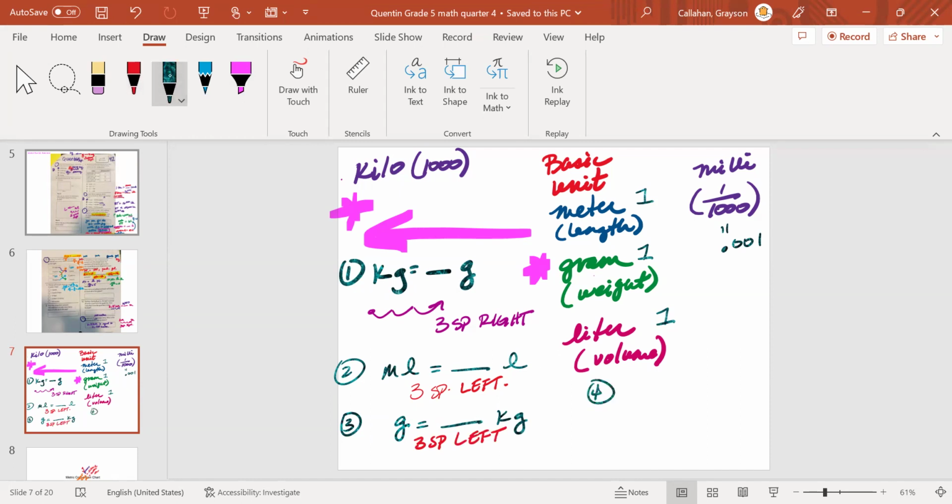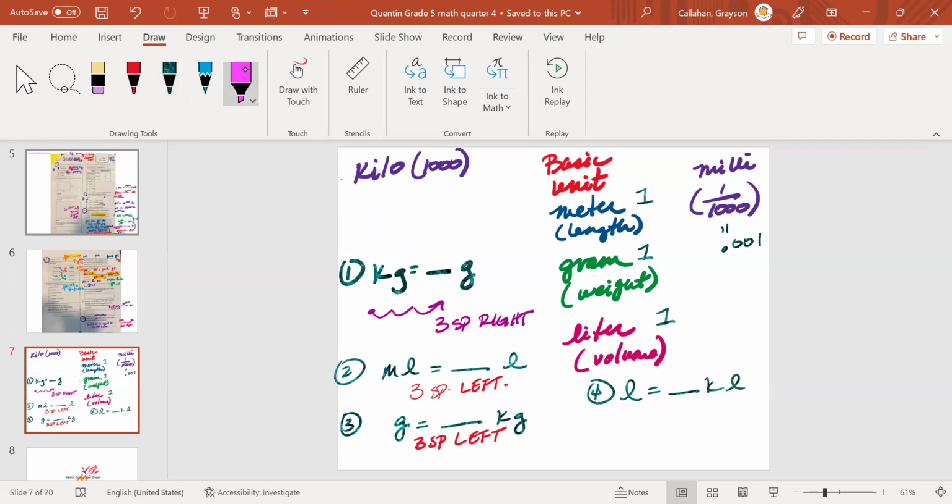All right, next one. We're going to go from liters equals how many kiloliters? Where's liters? In the middle, left or right? No, it's right here in the middle. So are we going to the right or left?